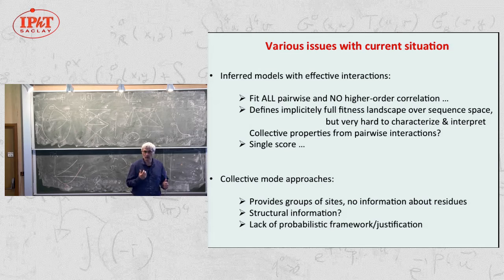That is very hard to accept, right? Why should all pairwise correlations matter and no three-body correlation? It's very hard to accept that. So that's one thing which is very far. Of course, you can fit higher order correlations, but then you need a lot of parameters, and there are not enough data to infer all of them in a nice way.